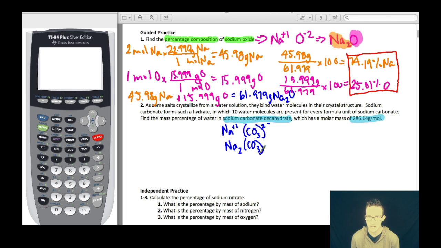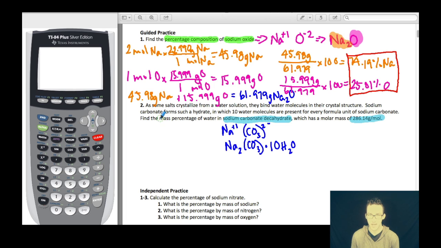Feeling good about myself. However, it's a hydrate. It's a decahydrate, which remember, we are going to separate that hydrate, or the waters, from the ionic compound with a raised dot, deca 10 H2O. So here's my formula for sodium carbonate decahydrate.